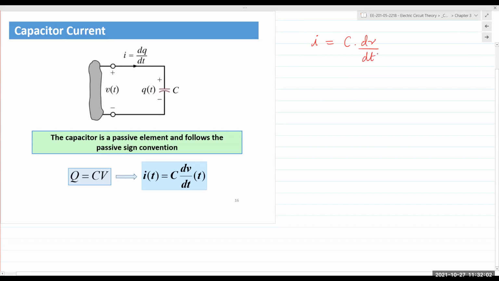Now, if the capacitor is the only component, then you don't need a subscript notation, but other times we would use a subscript C. So we would call it C times dVc over dt. And of course, it's a function of time.